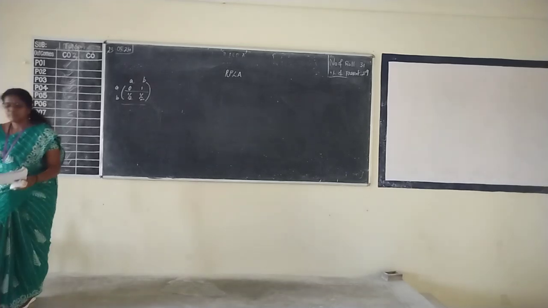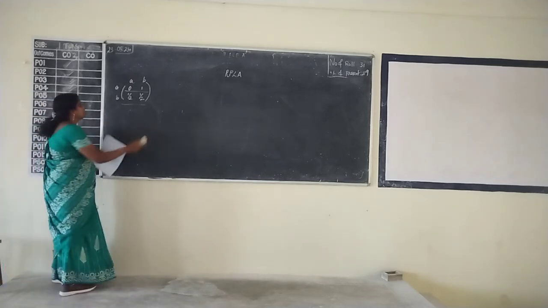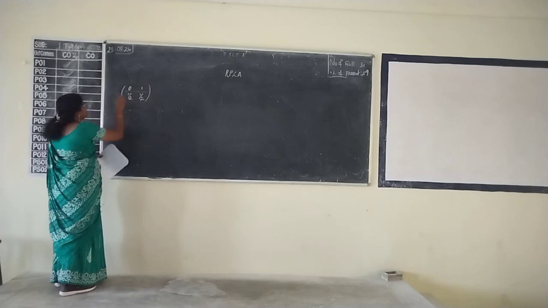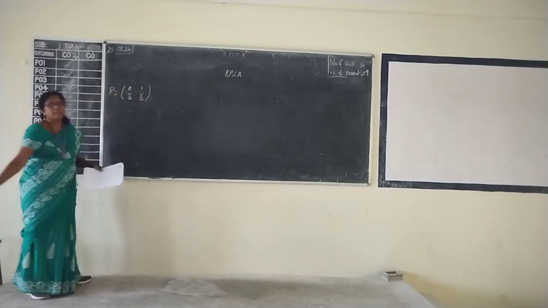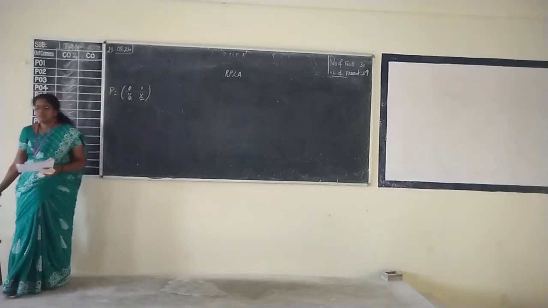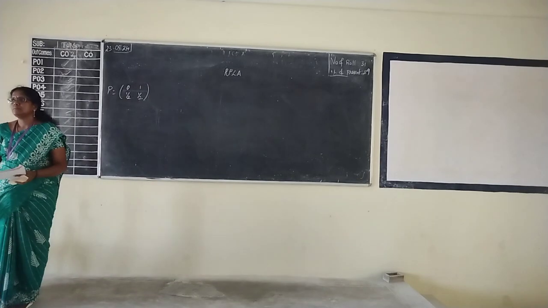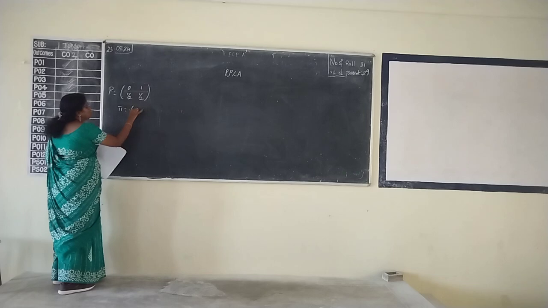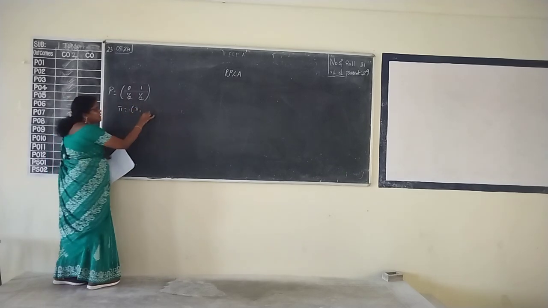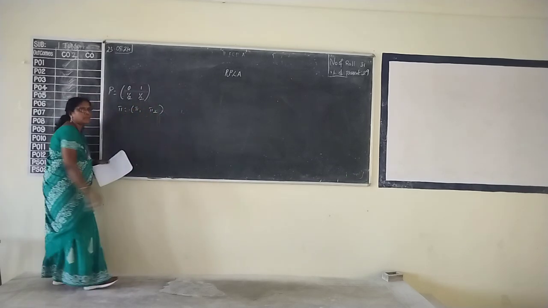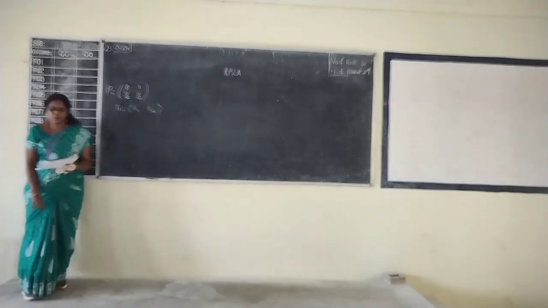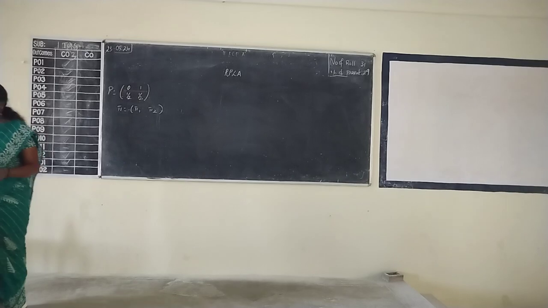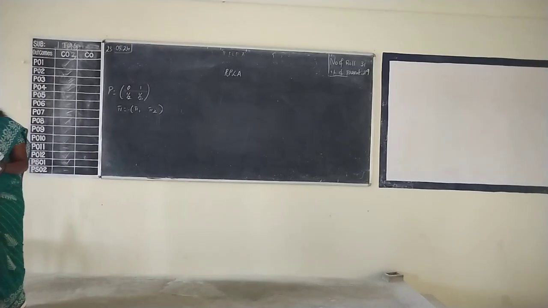So start the solution. Given capital P equal to, write the given matrix. Let pi equal to pi 1, pi 2, no commas, it is a row vector, be the steady state distribution.